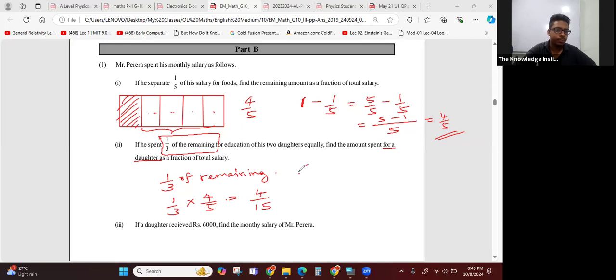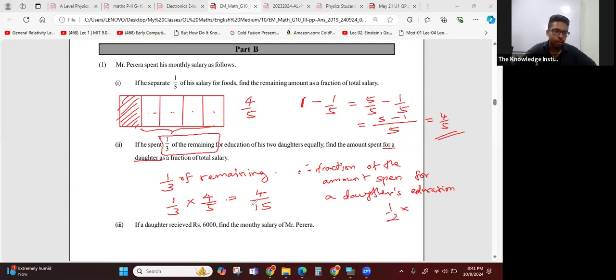So the fraction of the amount spent for a daughter's education will be half of this 4 over 15.